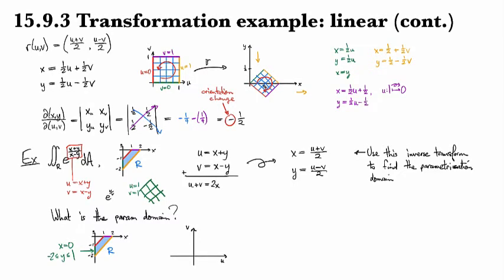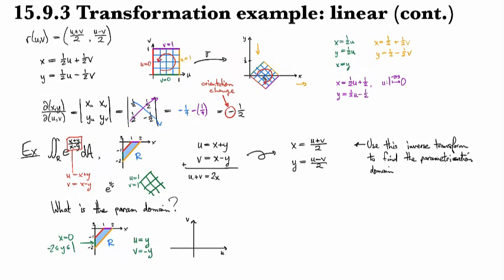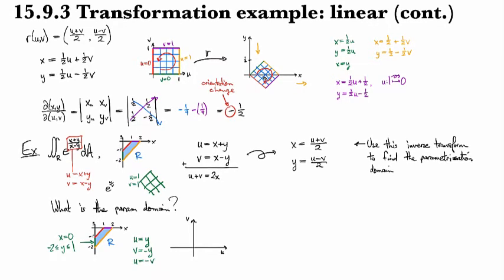So if I write down what the maps are there, that means I've got u is equal to x plus y, but x is 0, and v is equal to x minus y, which is just minus y because x is equal to 0. And so that's telling me that u is equal to minus v.